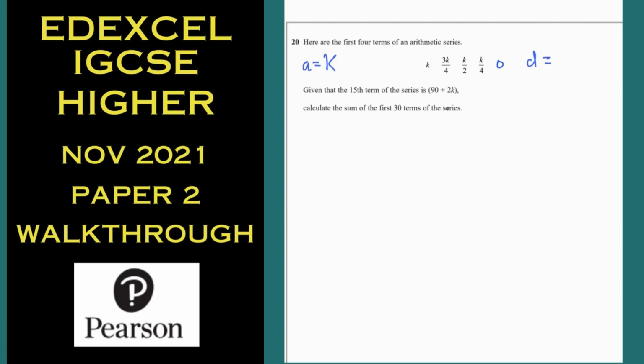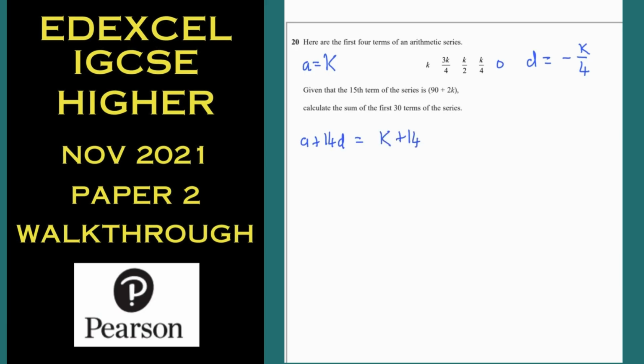So when you're losing 1/4 k, it means the common difference is -k/4, which you could write as -1/4 k. There you go. Now we can move on. Given that the 15th term is in the form a plus 14d, replace a with k.